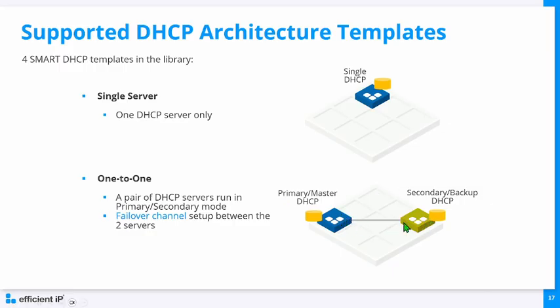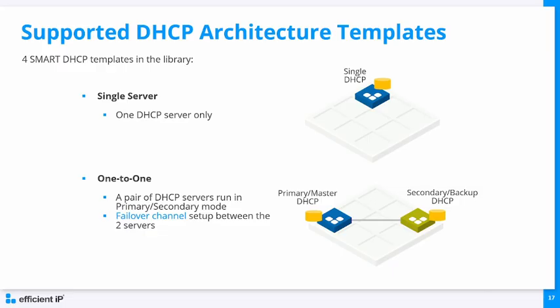Between the primary and the secondary, the two servers, there is a failover channel. The purpose of this failover channel is keep-alive, heartbeat, so that the primary and the secondary can detect failure.